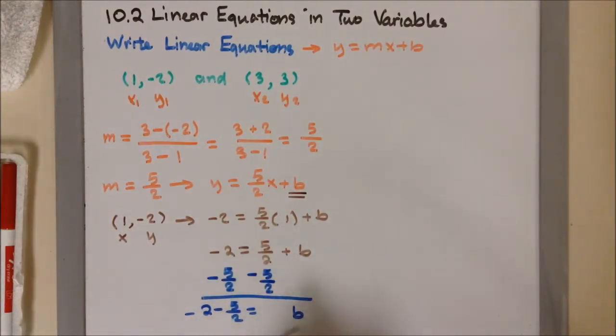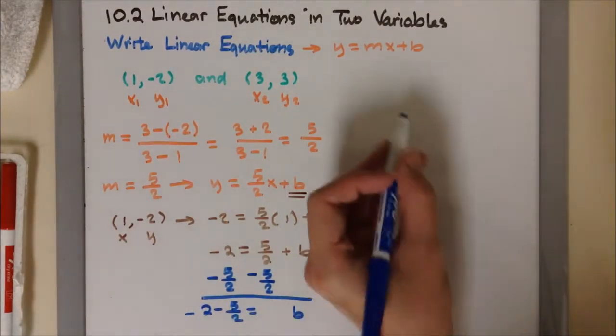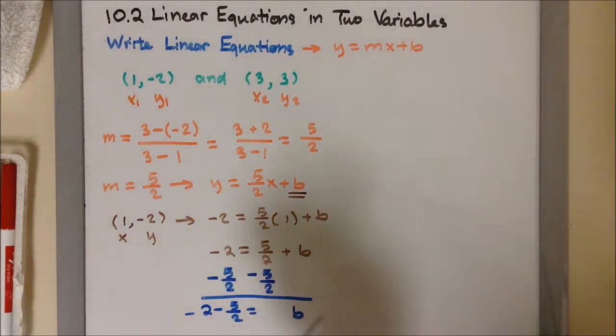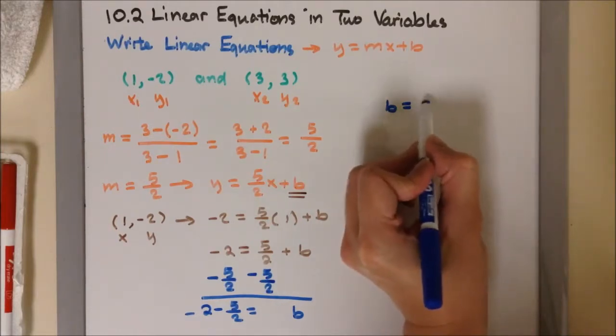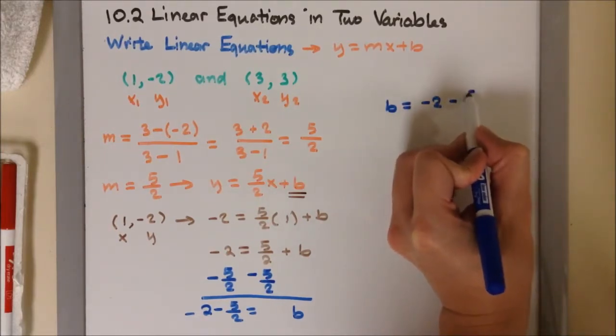I'm going to write this over here for more space, and flip it, meaning I'm going to put b on the left side. So b equals negative 2 minus 5 half.